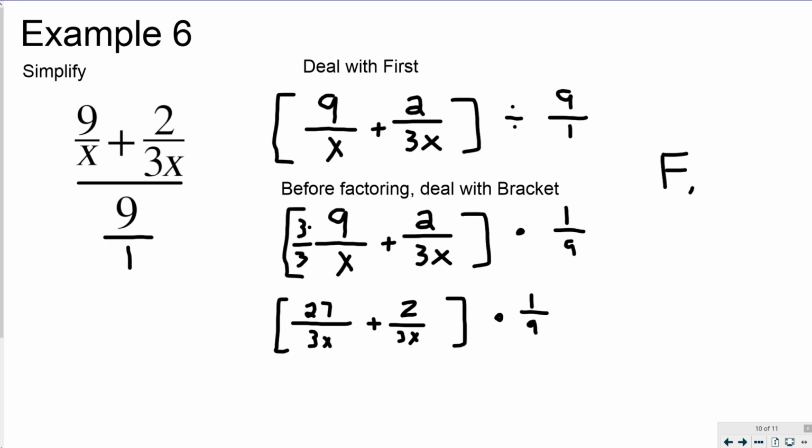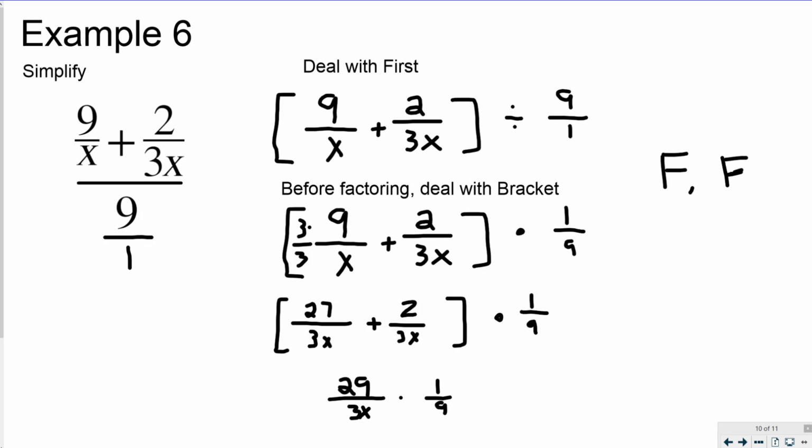Okay, so the next thing we're going to do is add those together. We're going to get 29, 27 plus 2 is 29, over 3x, multiplied by 1 over 9. So here's where we're going to deal with the factor part.